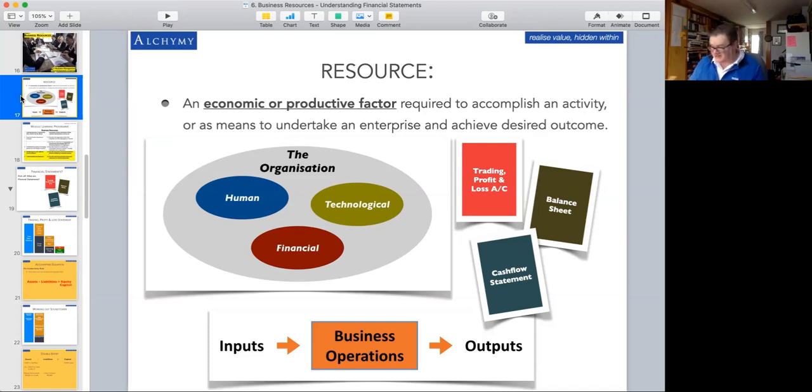The official names now, of course, are income statement and statement of affairs, which is what we call the balance sheet. So these statements tell us things. They're standard formats, and the information presented should be a true and fair view of the business. Okay, that's what auditors are for.